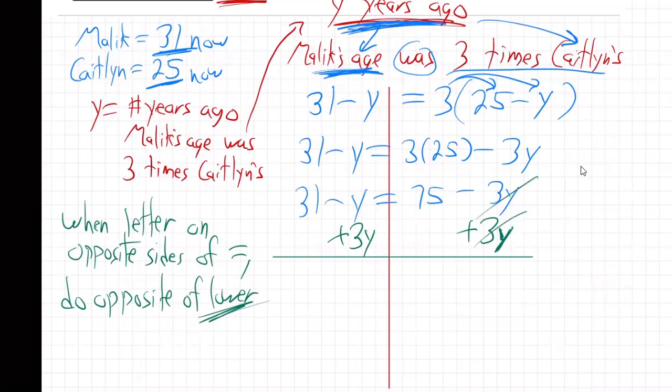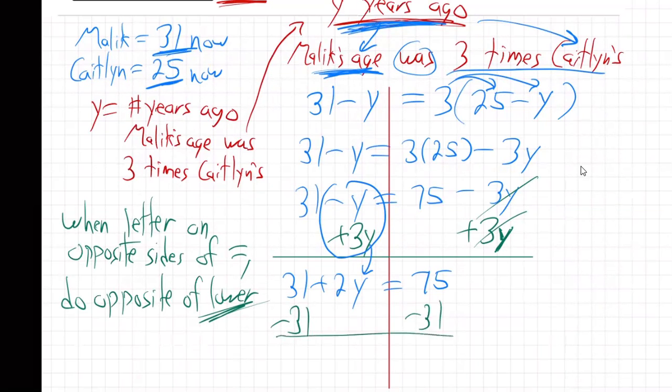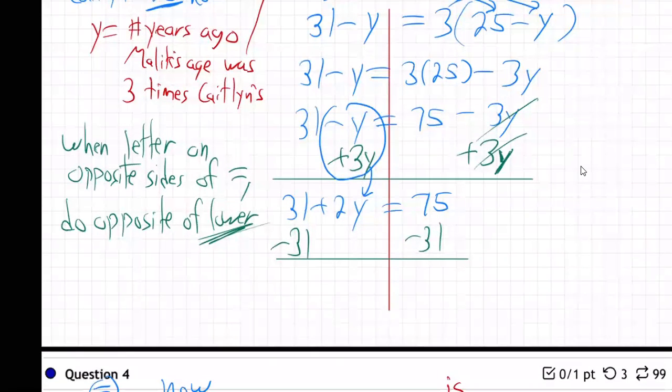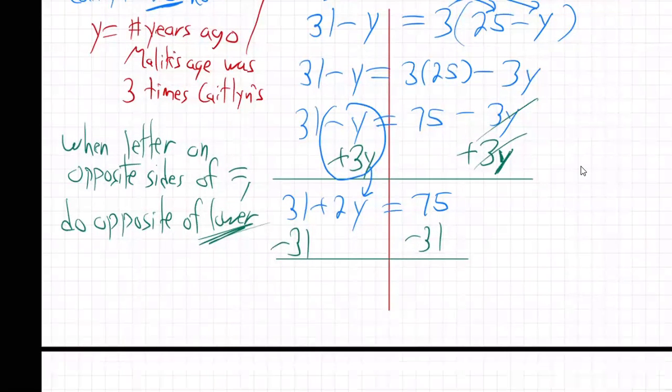These cancel. And so what do we got? 75 equals 31 plus 2Y, right? 3Y minus Y is 2Y. And so then we just finish up, subtract 31 from both sides. And what do we got? 2Y is 44.